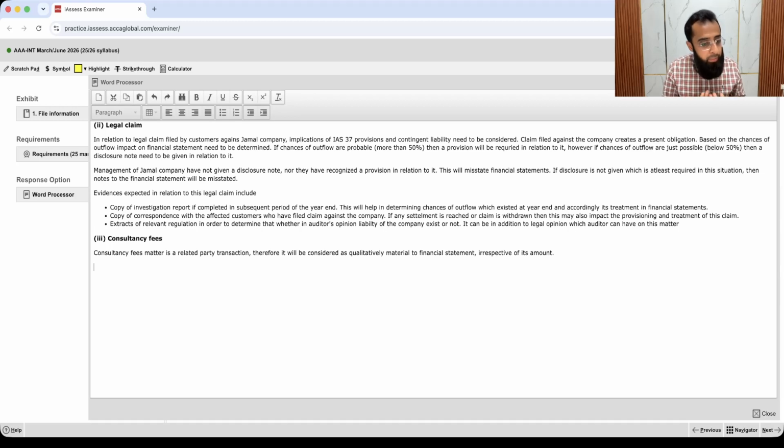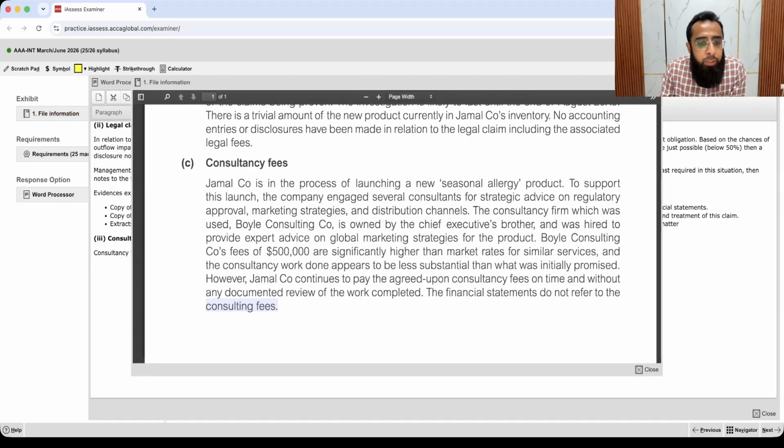Now, why is it a related party transaction? What disclosure do you have to give? Let's look at that. I believe this question is an easy one. Now we are going into detail of the correct accounting treatment. The consultancy service being taken from Boyle Consulting Company is a related party transaction because it's owned by the chief executive's brother.